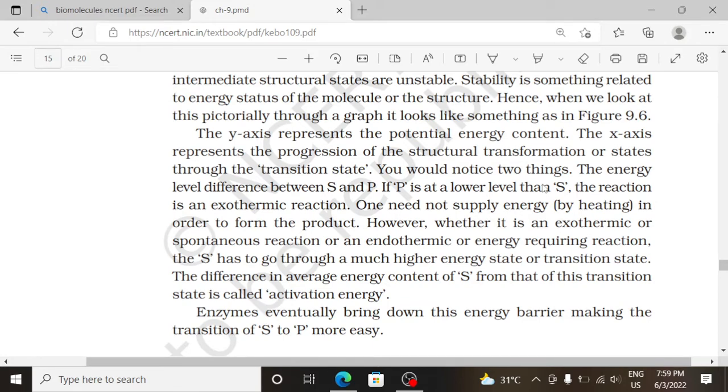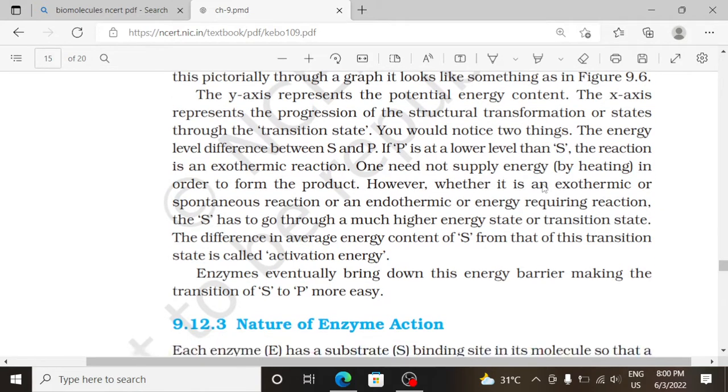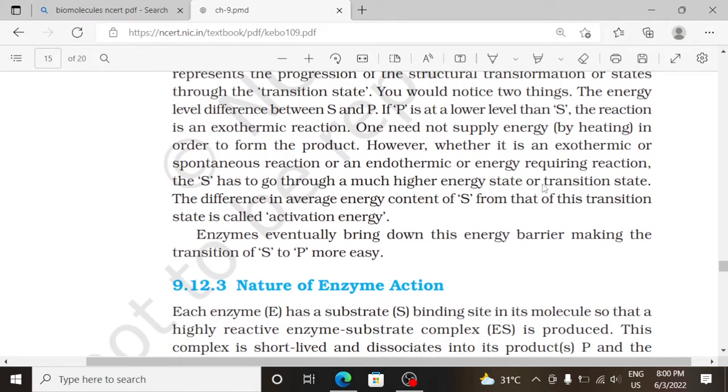The y-axis represents the potential energy content and the x-axis represents the progression of the structural transformation or states through the transition state. You would notice two things. The energy level difference between S and P. If P is at a lower level than S, the reaction is an exothermic reaction. One need not supply energy by heating in order to form the product.